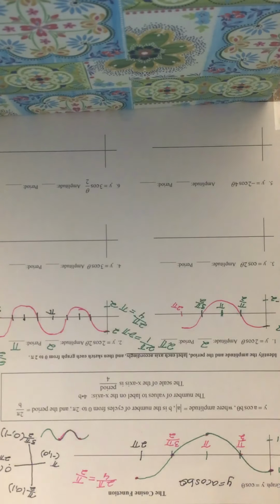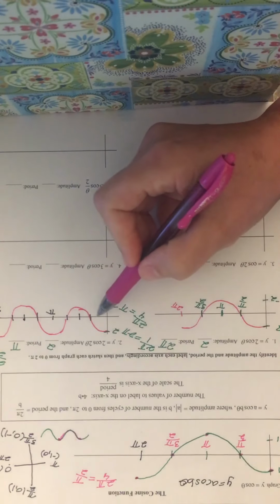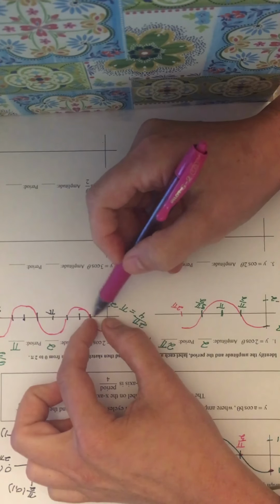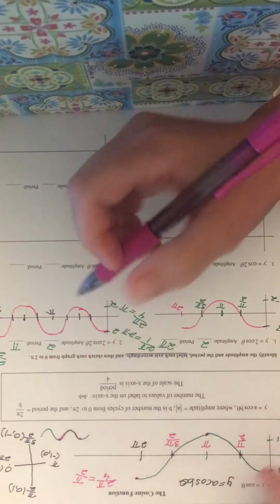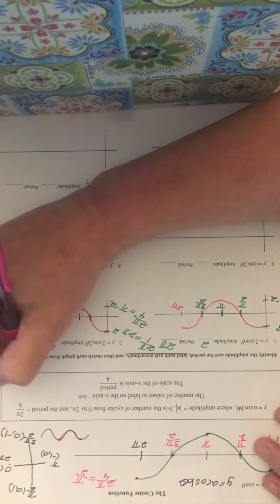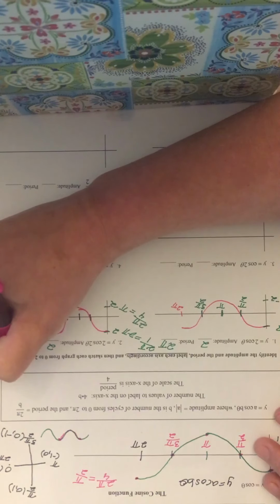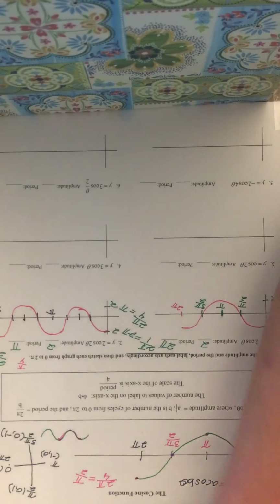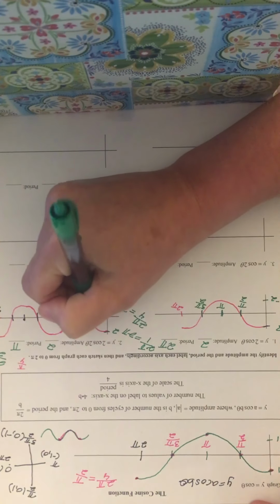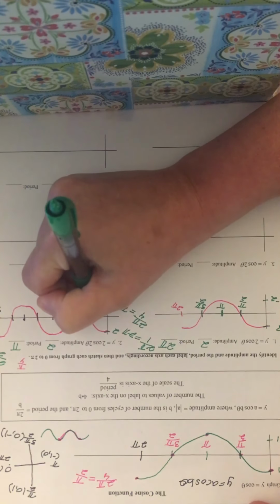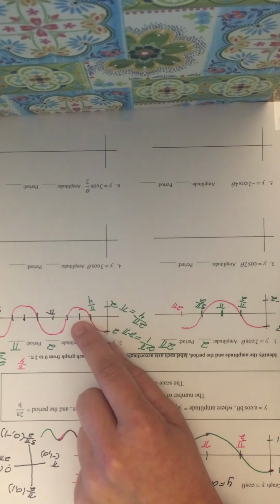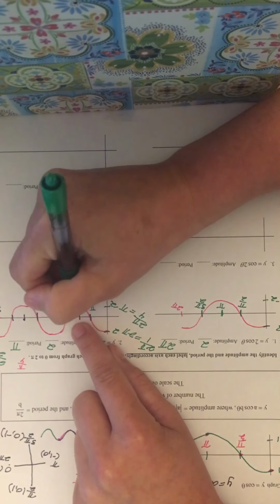Now to find out what this is here, we have to divide our period by 4. So pi divided by 4 is just pi fourths, which means we're going to start here at pi fourths. And then the next one would be 2 pi fourths, which is just pi halves.